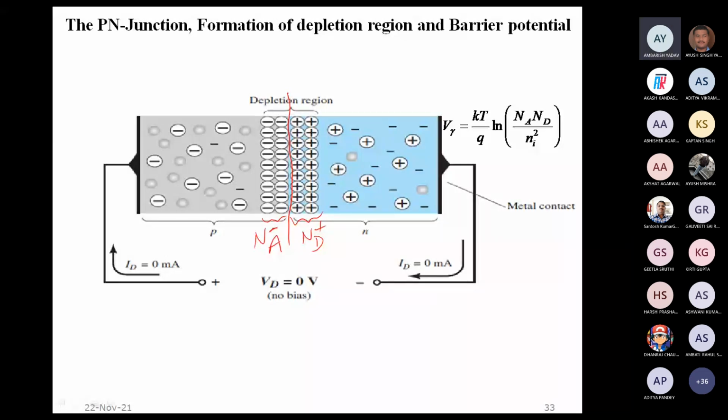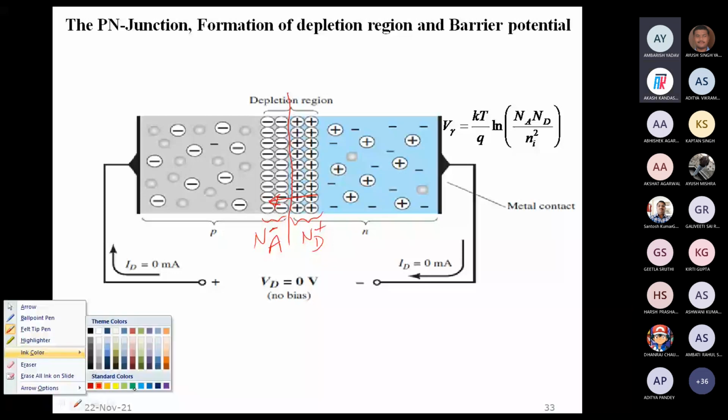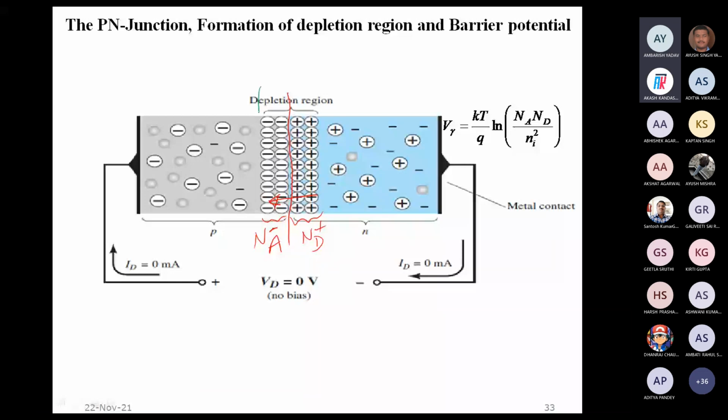Because of these charged ions, we can see an inbuilt electric field, and because of that we see a potential difference to exist also. So the region in which this potential variation happens is the region in which we see these exposed charges.